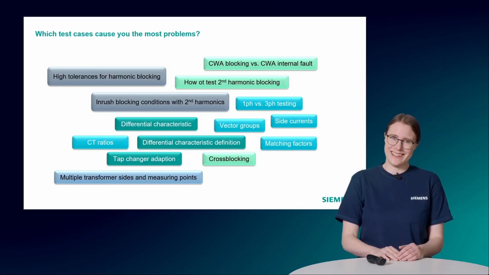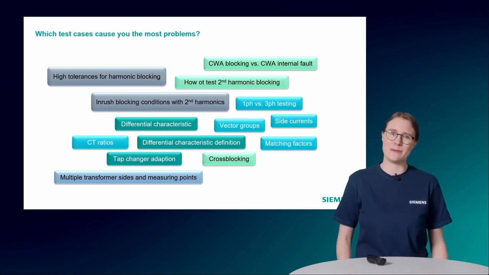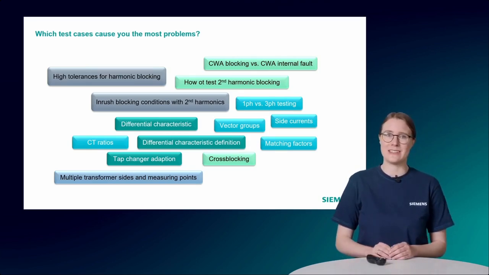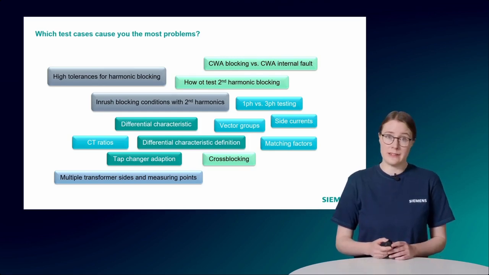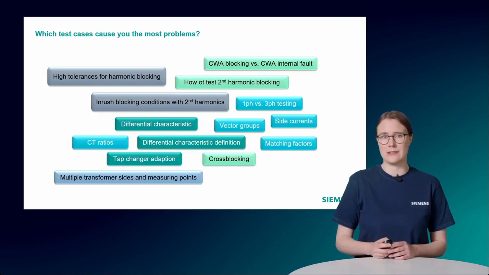On the other hand, the blocking functionalities that we offer were mentioned as challenging when it comes to testing. One topic which is always coming up since the function was released is the question of how to test the CWA blocking versus the CWA internal fault detection. Among other things, this function means that it is often no longer sufficient to test under steady-state conditions.